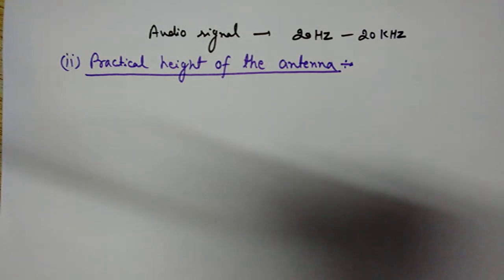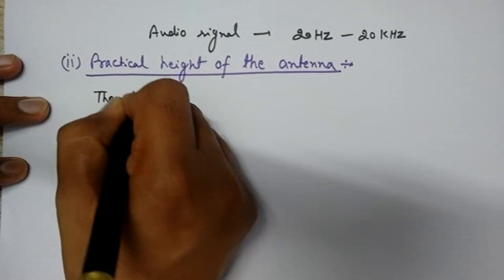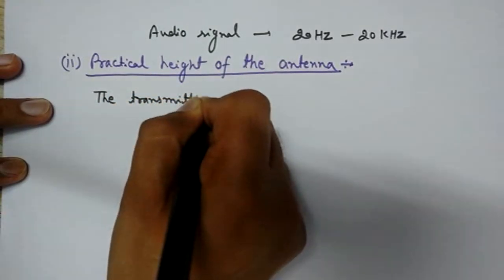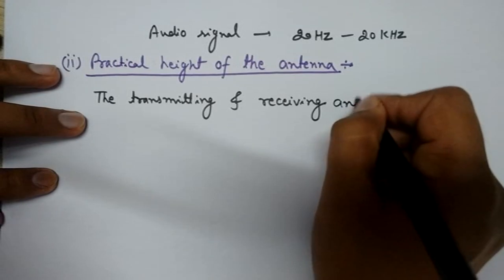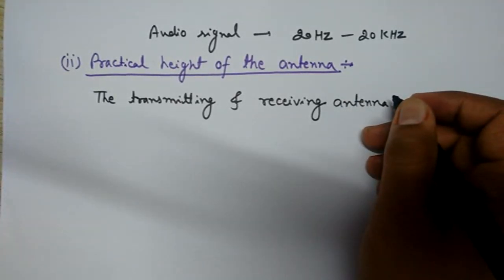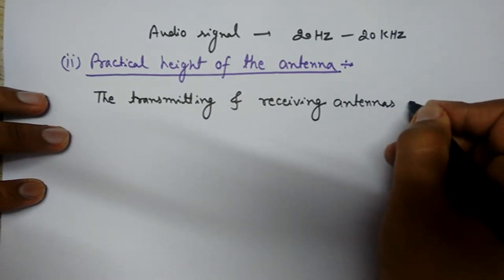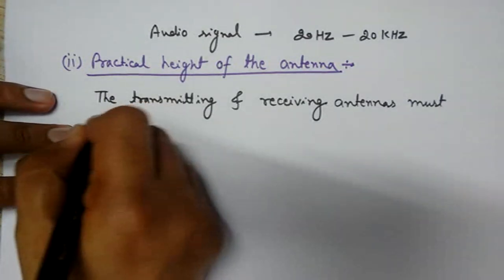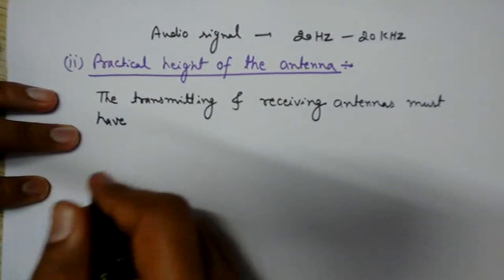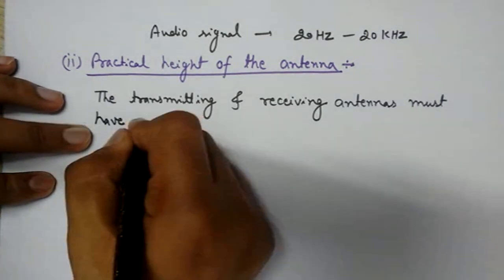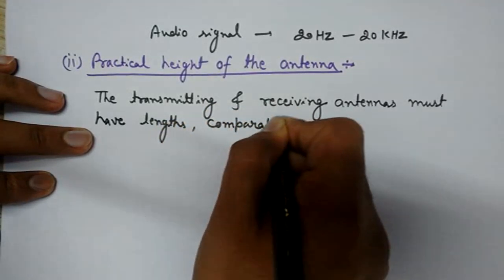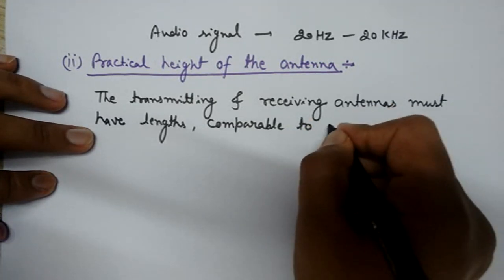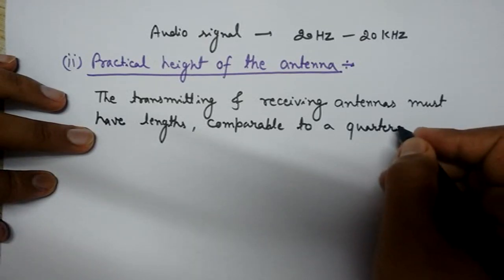Let me write it. The transmitting and receiving antennas must have lengths comparable to a quarter wavelength.